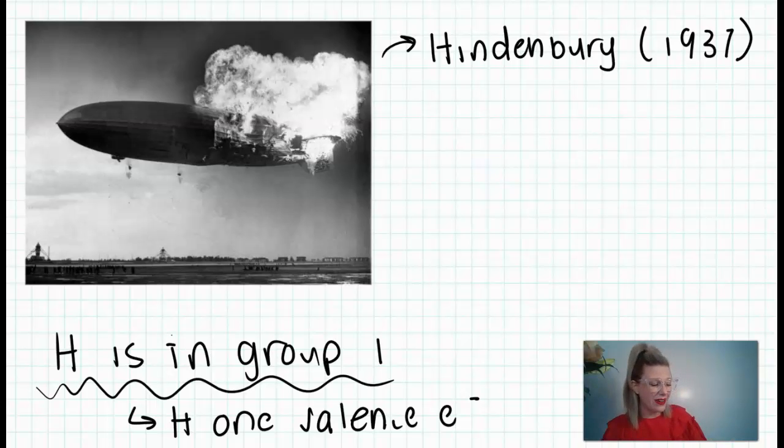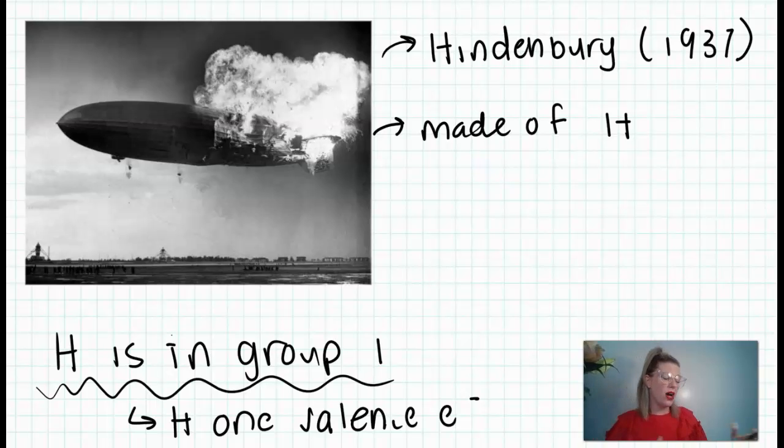The whole interior is made of hydrogen. That's how it's blown up. Not all of it. There were about 100 people on board, but the fuel for it, or what's lifting it essentially, is all made of hydrogen. And again, in order to have the fuel burn, there is fire involved. Now, hydrogen is extremely flammable.